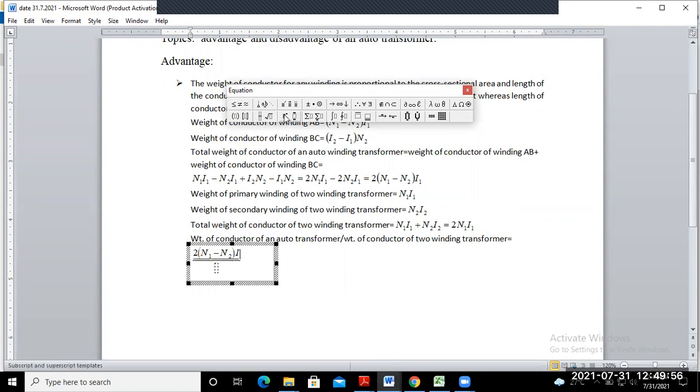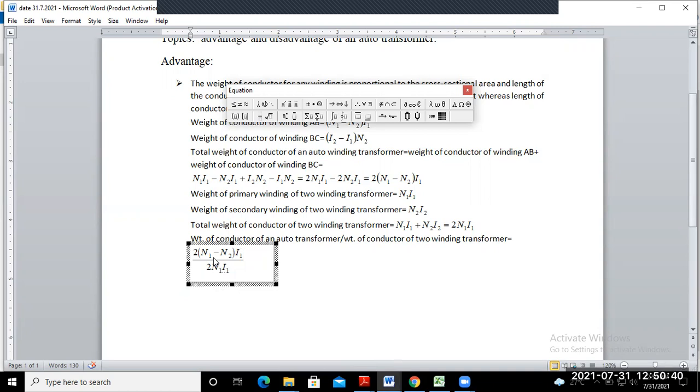We have 2I1 in the numerator and 2I1 in the denominator, so these two cancel out. So only N1 minus N2 divided by N1 remains.